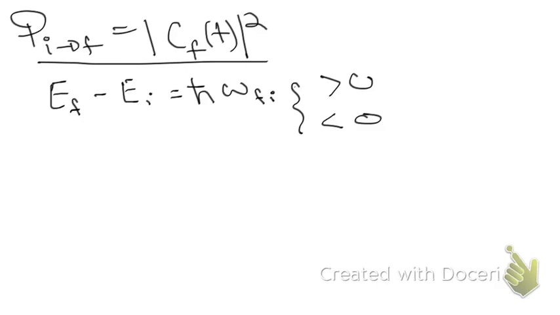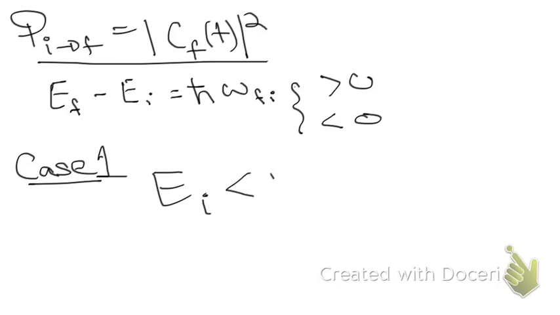First, let's call it case 1. In case 1, we are going to say that if the energy of my state I, EI, is less than the energy of my state F, then the energy difference is going to be positive, greater than 0.